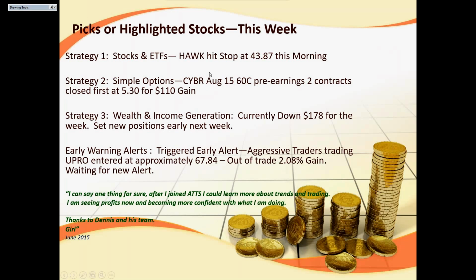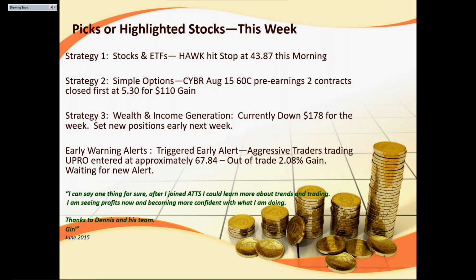So for the week, as I said, Hawk hit the stop this morning and then rebounded shortly after that. So it's now back up in a buy position, but with the weakness in the market, I'm not going to go into that. We did do a simple option on Cyber, SYBR, with the anticipation that it's going to continue to increase in volatility, which will increase the value of the call option as it gets closer to earnings, which I think are on the 11th, next Tuesday.